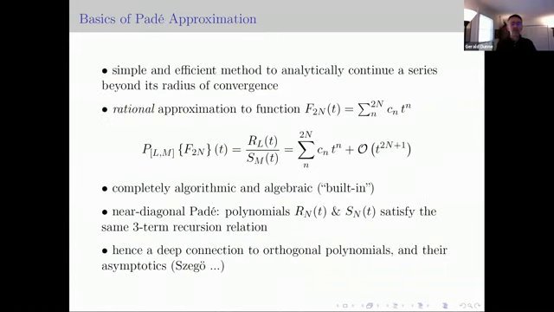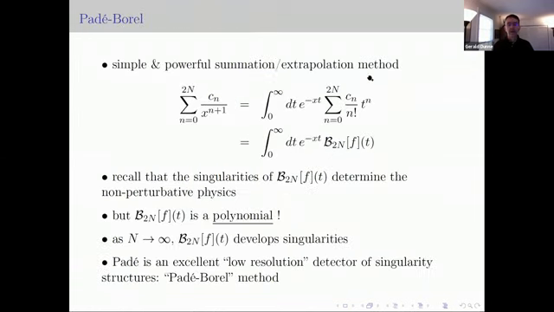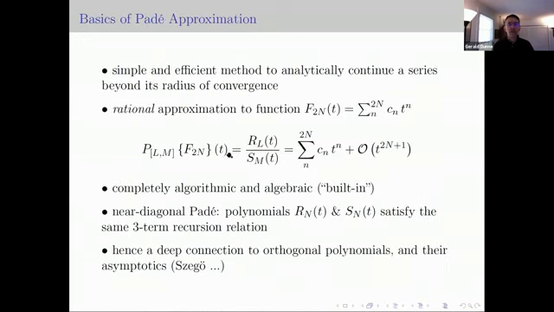So let's review some of the features of Padé. First of all, it's very simple, it's very efficient, and it's a way to analytically continue, for example, this function beyond its radius of convergence. It's a rational approximation. You take some polynomial and you write it as a ratio of polynomials where the orders of these polynomials add up to 2n, such that when you expand this around t equals 0, you have the same first 2n coefficients, but they can differ beyond that.